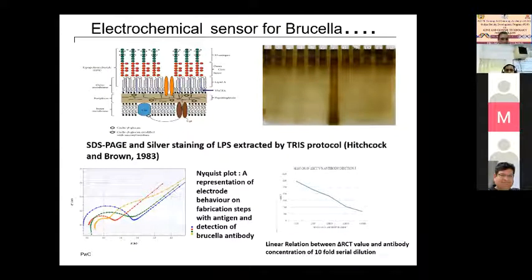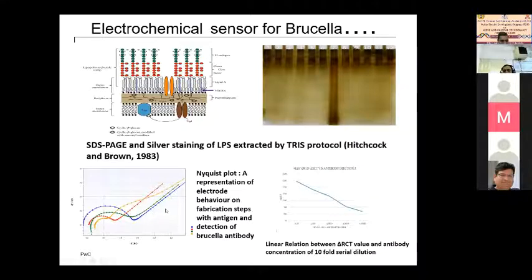This is the structure of the LPS membrane, having three to four major layers: inner membrane, periplasm, outer membrane, and the lipopolysaccharide. Here is the part that creates a difference between different LPS membranes. And this is the Nyquist plot that the electrochemical sensor gives over it.